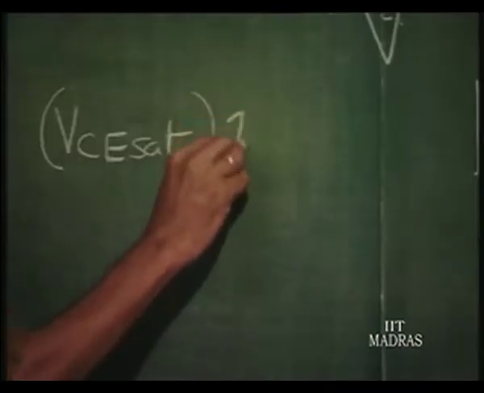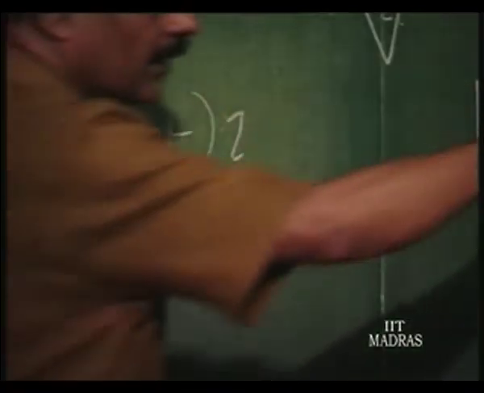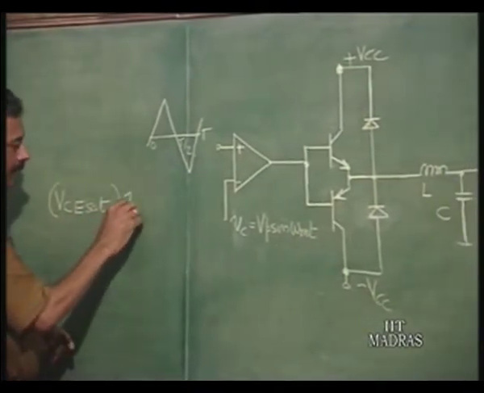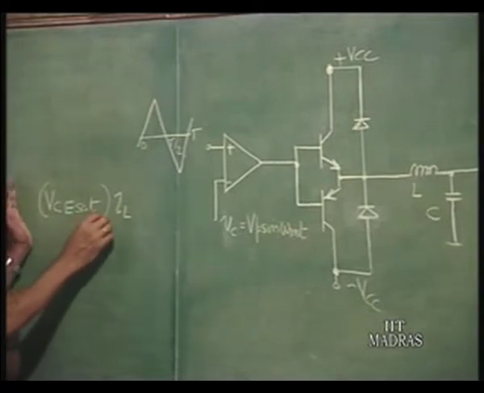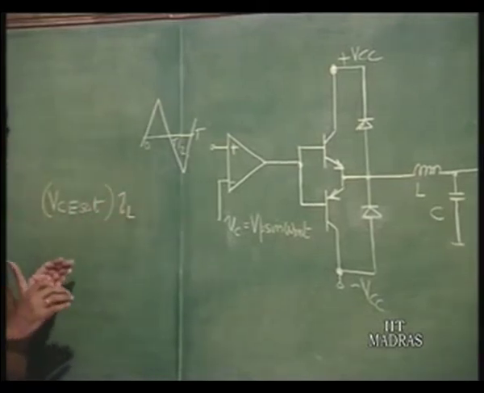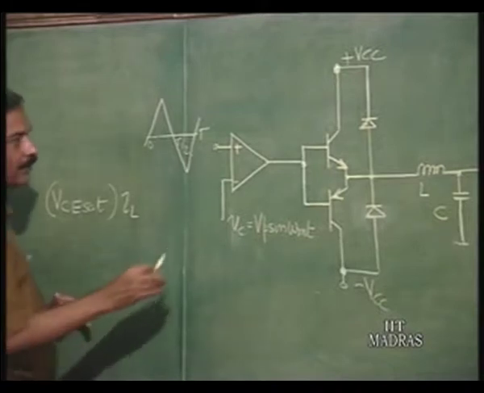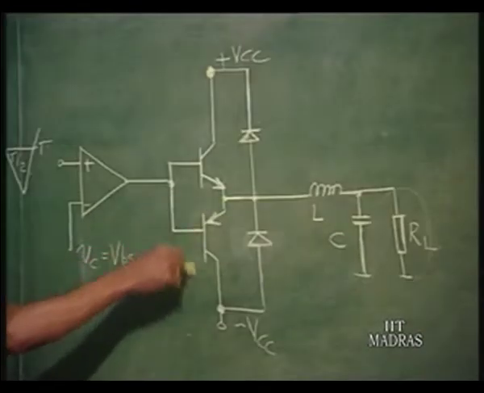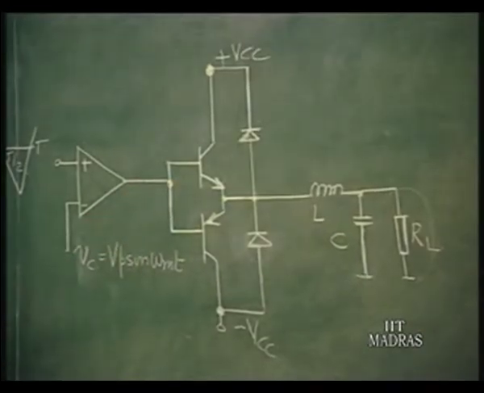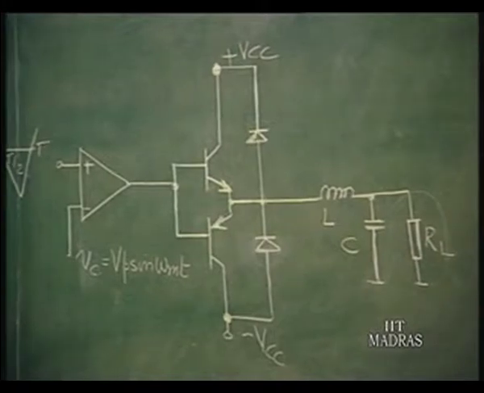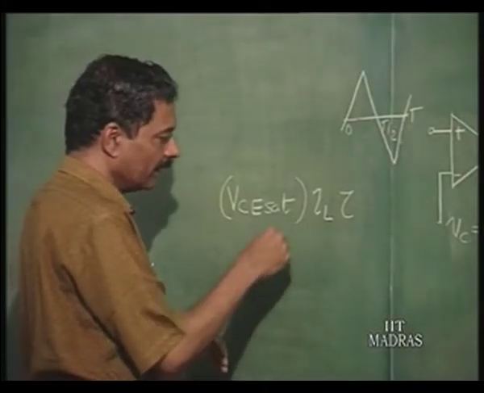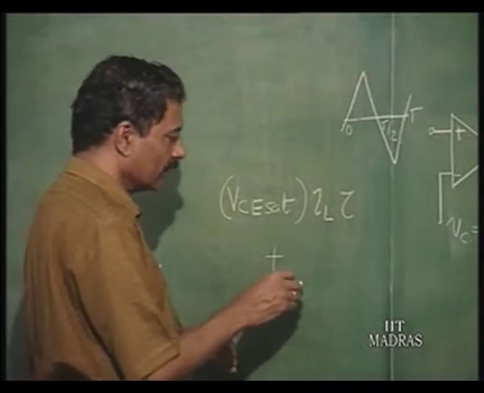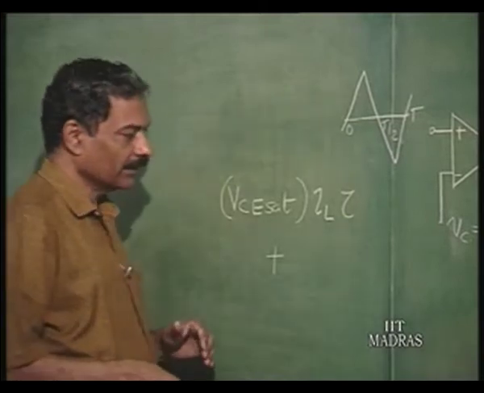So, the current that is going to flow through the inductor is going to be supplied by this transistor which is closed. So, this is the power that is going to be dissipated in this transistor when it is closed. Similarly, when it is closed during the other period, this is for let us say tau, during the other period, the other transistor is going to dissipate power, right, which corresponds to the VC sat of the other transistor.